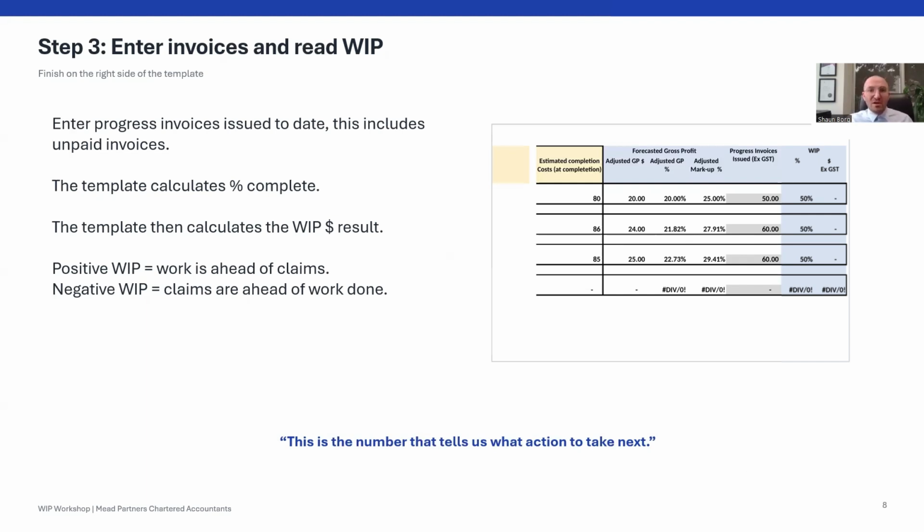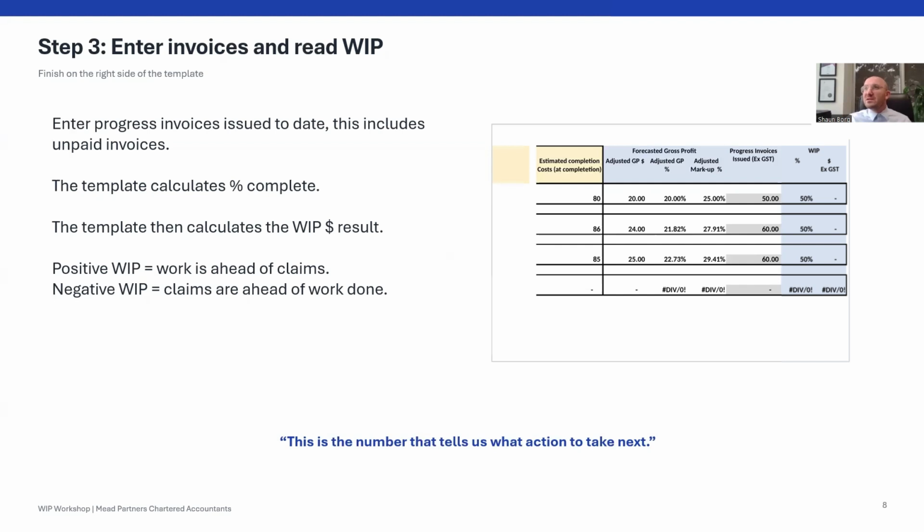You're going to know if a site is about 50% complete. So this is where your gut feel kicks in. If you feel that it's incorrect, then it's an immediate indication that something is wrong, either with the data entered into the template or with the job costings.